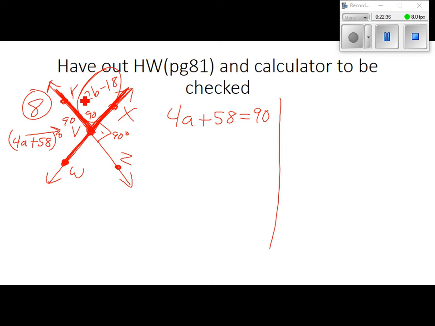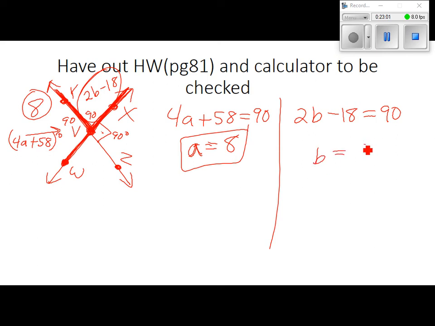All of you stopped solving the other one. That one's 8. So what other equation can I set up? 2b minus 18 equals 90. Anybody get A? 8. That's one of our answers. I think they just wanted us to find A and B, right? Correct. B is 54. Anybody else get that?